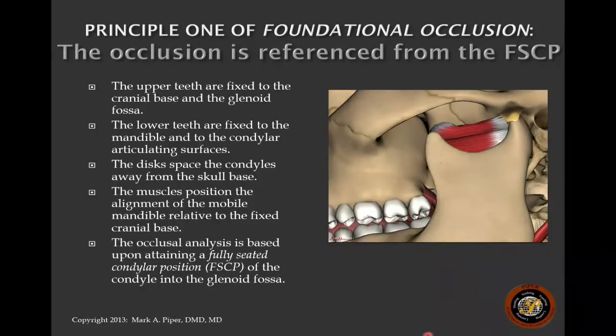If you follow Dawson's functional occlusion, it's exactly the same thing. So the assessment is made from a seated condylar position, and functional occlusion and foundational occlusion kind of share common ground in that respect. But I want to take a look now at principle number 2.